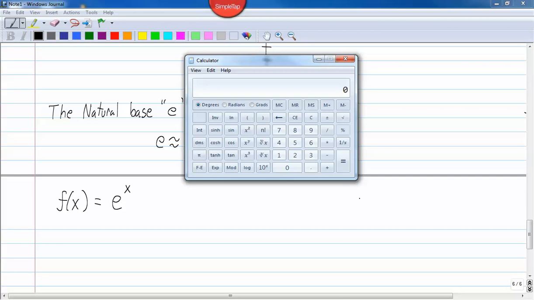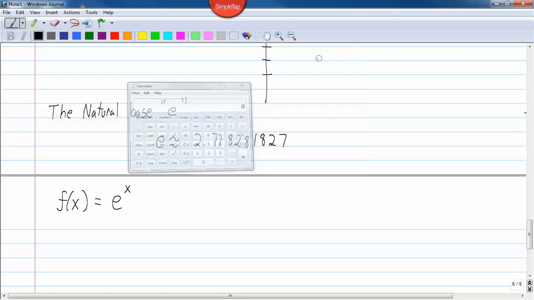I don't see one on this calculator, but we also have an ln button, which we'll get into. That is a special form of e. Okay, but a lot of calculators, not this one here, will have an e to the x button.